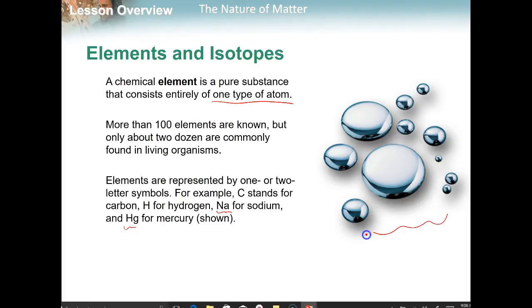What you're seeing here in this picture is actually mercury. It's silvery in its composition, and it's kind of a liquid. So these are the different elements. The names can come from Latin and Greek terms. They can also come from people and places where they have been produced and identified.